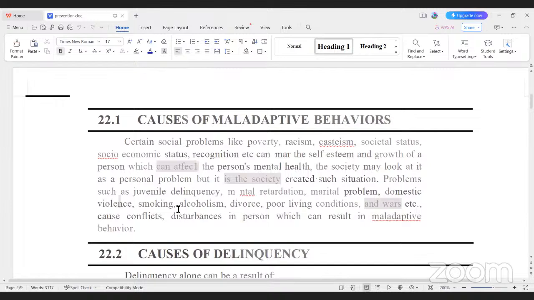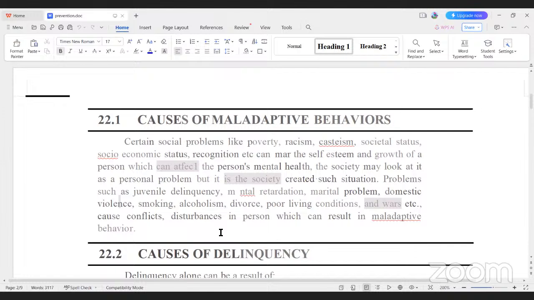Causes of maladaptive behaviors. Why is maladaptive behavior caused? Certain social problems like poverty, poorness, and racism, showing some discrimination, casteism, social status, socio-economic status.